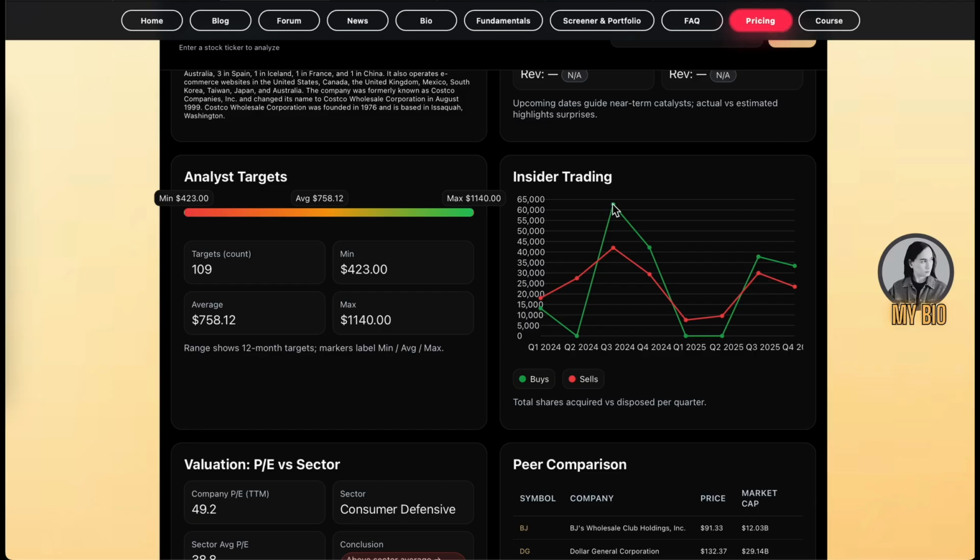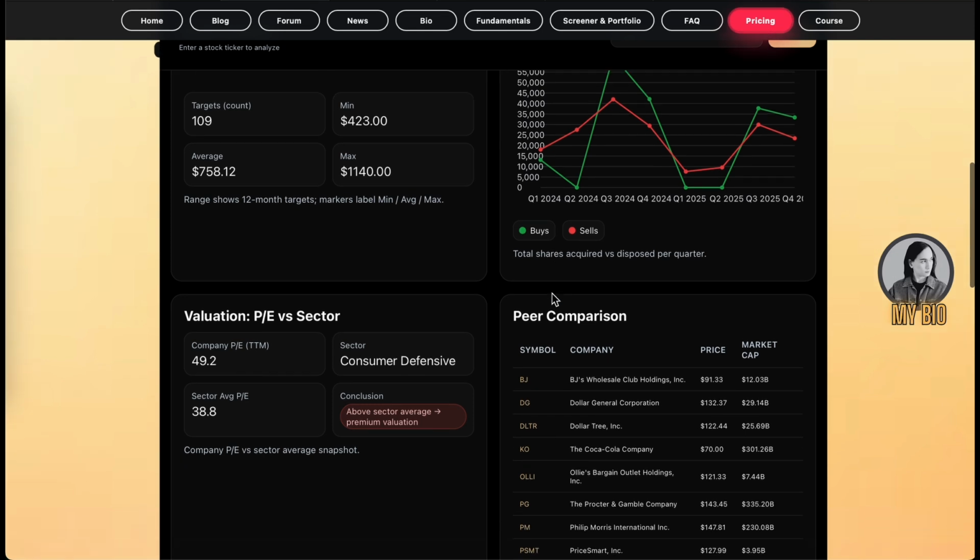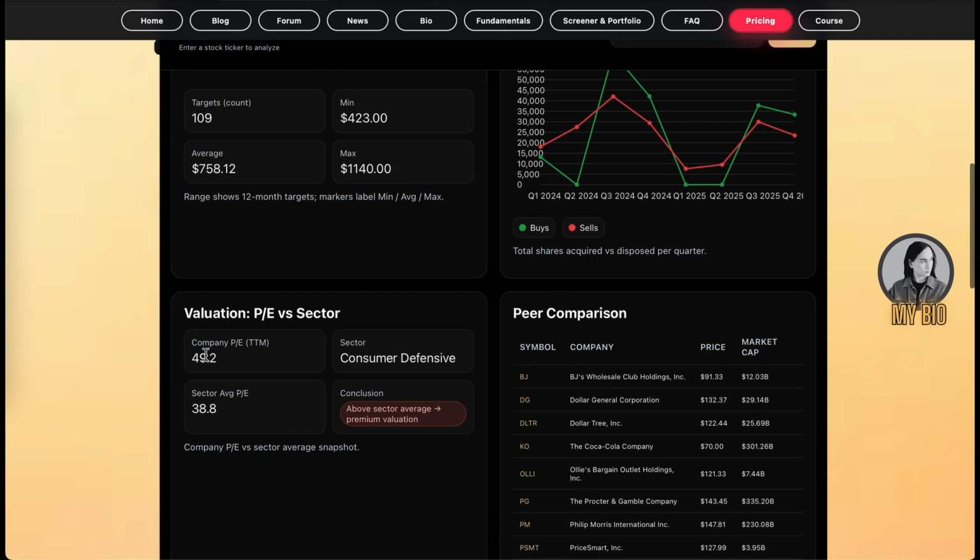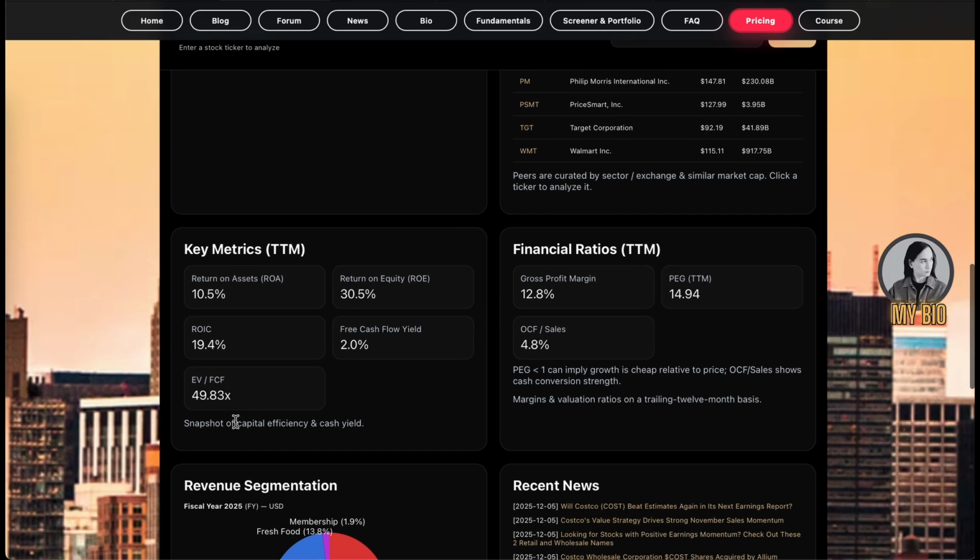Based on this graph, you see that more insiders, people working inside the company, are buying the share than selling it. But overall, this graph looks even. So they are buying, they are selling. It's a good indication. You don't see such huge jumps as with Walmart. Now you see the valuation based on the price to earnings, also almost fairly valued because these numbers align close to each other.